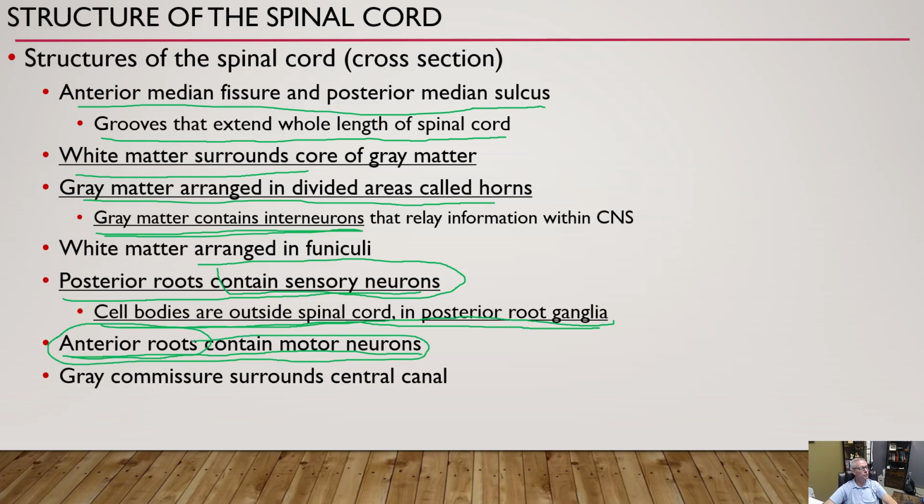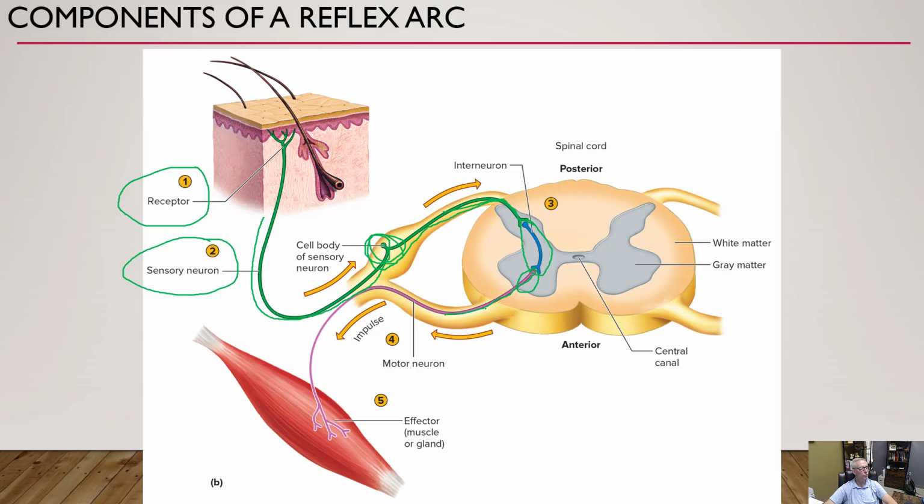So the anterior root contains motor neurons. So there's our anterior root, which goes down to an effector, which is going to be a muscle or a gland. So you have to know those 5 steps.